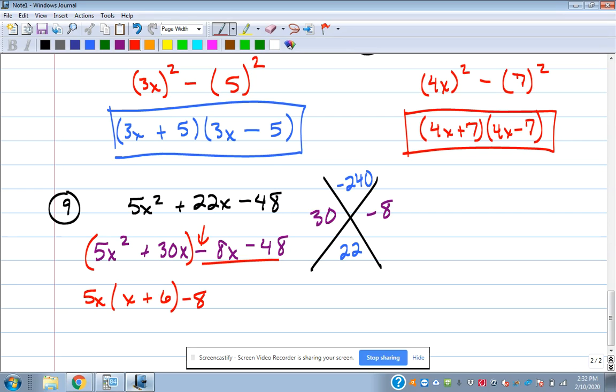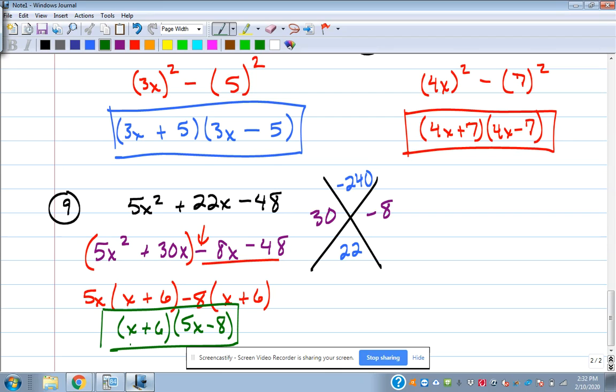Always. So if I pull the 8 out, that's going to give me x plus 6 again, which means I did it right. The matching parentheses, that's the key. So my factors: x plus 6, 5x minus 8. The matching parentheses, and then the stuff that's in front. It's our factored form out of that.